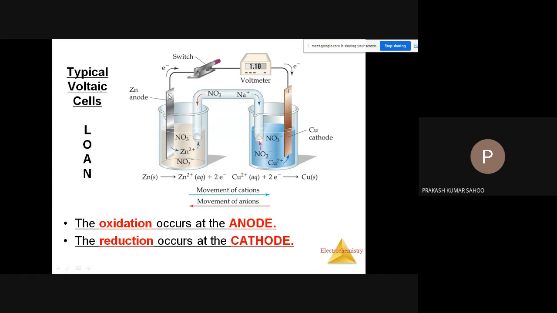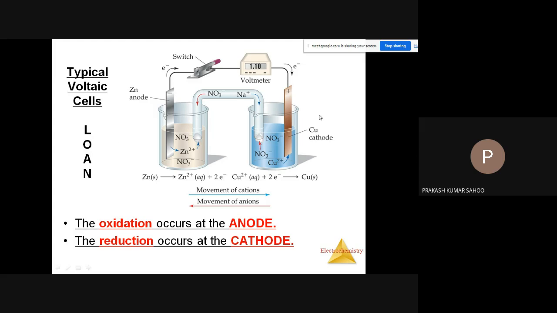Just see here, the negative part is here. That means in an electrochemical cell, voltaic cell, or galvanic cell, or battery, the simple rule is LOAN. That is the left part having the oxidation reaction. This is the anodic part, and the notation is negative.